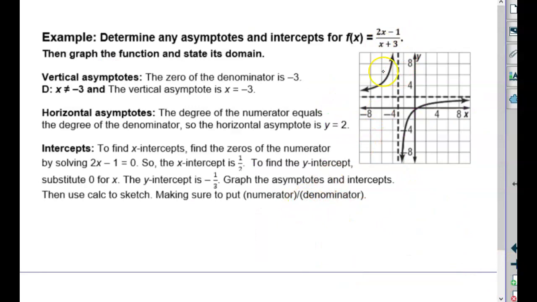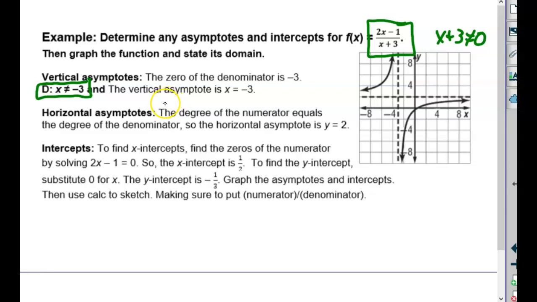All right, here's an example. It's all done for you. I'll talk you through it real quick. The domain of this is everything except what? X plus 3 cannot equal 0, right? The denominator. So the domain is x cannot equal negative 3. Then we move on and talk about a vertical asymptote.